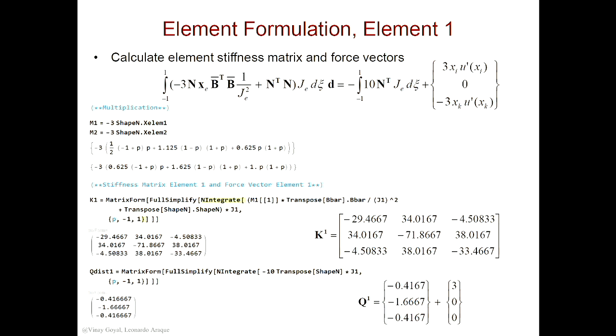I was having some trouble with Mathematica, but the bottom line, I was trying to calculate this number, minus 3 times N times x. You can see it here, I did it here. N1 equals minus 3 times N times x. That's what I was doing there. But I was having some trouble, so I just selected from the list that value. And the rest is exactly what you see there. You can follow it at home. Integral from minus 1 to 1.